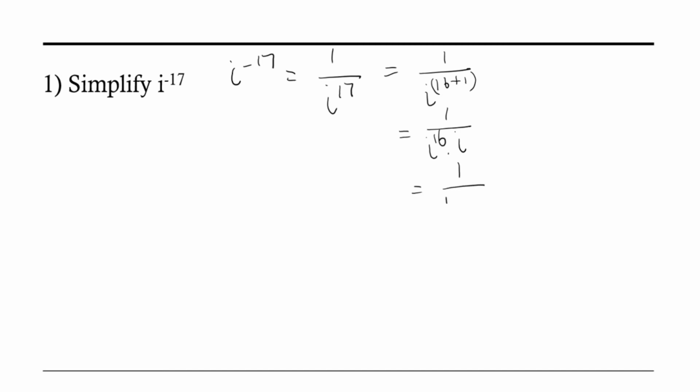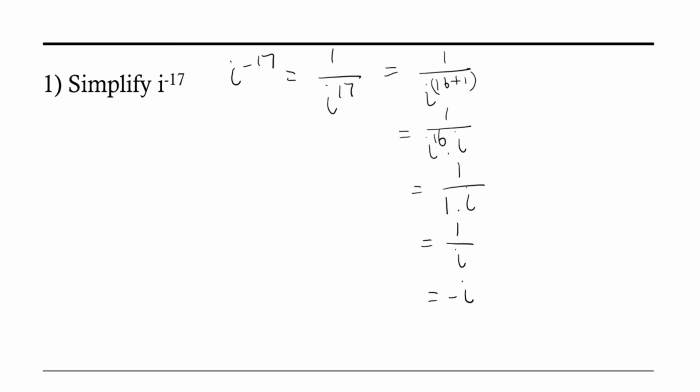This i⁻¹⁷, I am writing it as 1 by i¹⁷. 1 by i¹⁷, I am writing it as 1 by i^(16+1), which is 1 by i¹⁶ into i. 1 by i¹⁶, we know it is 1, so it is 1 by i, and we know it is −i.